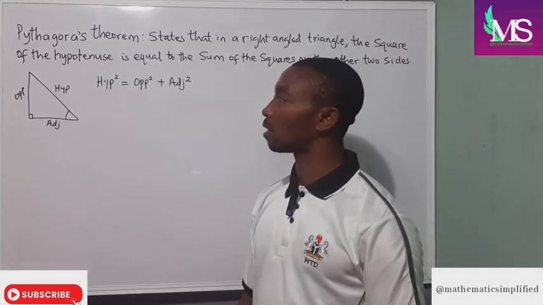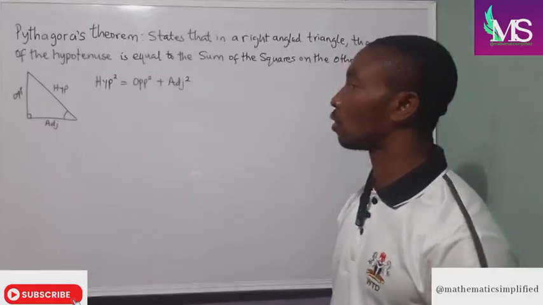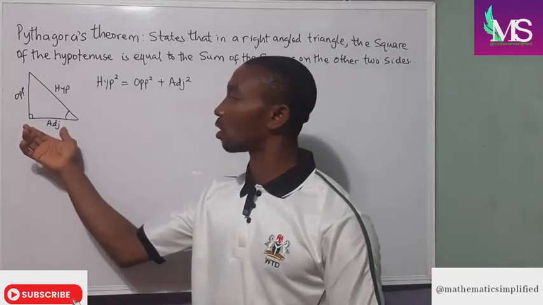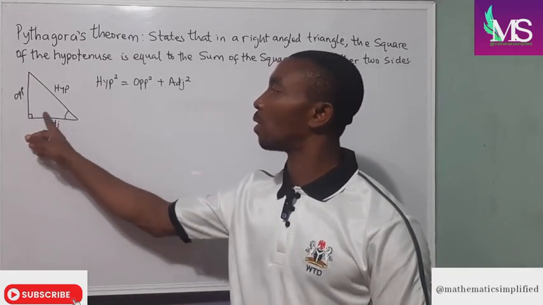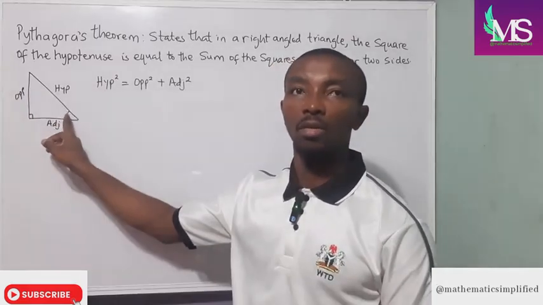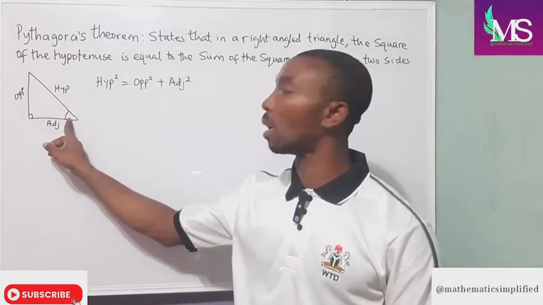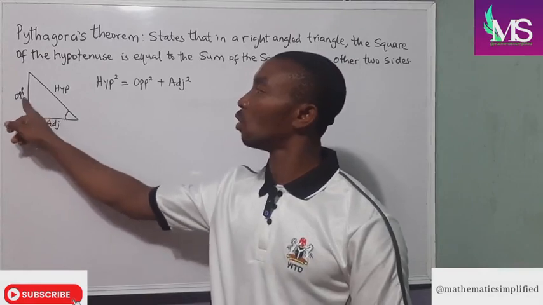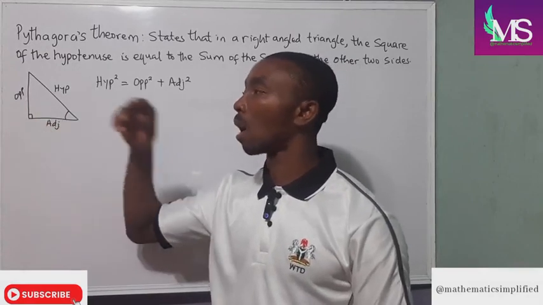And our adjacent is the side bearing two angles, which is the 90 degrees and the known angle will form our adjacent. And the opposite is the side facing your acute or known angle.